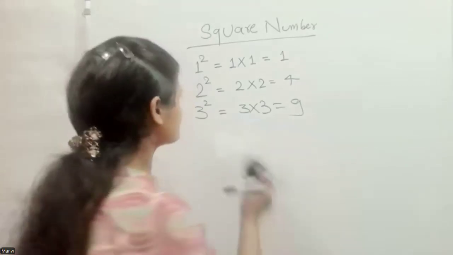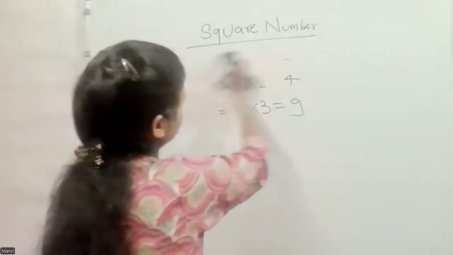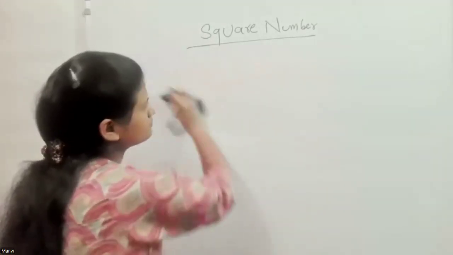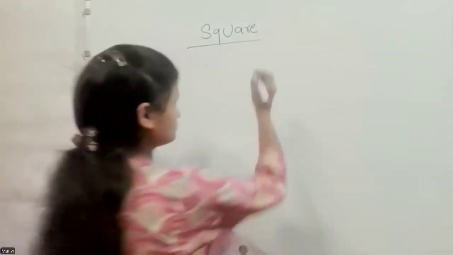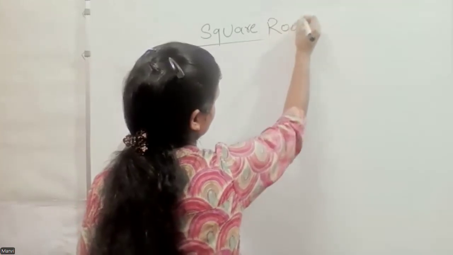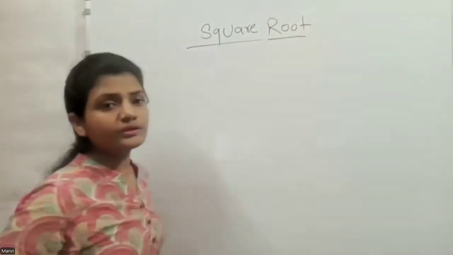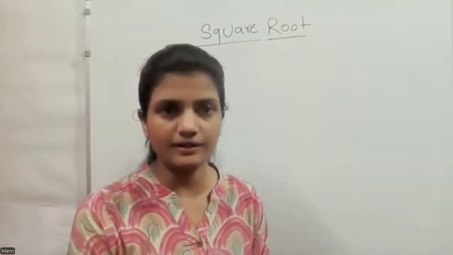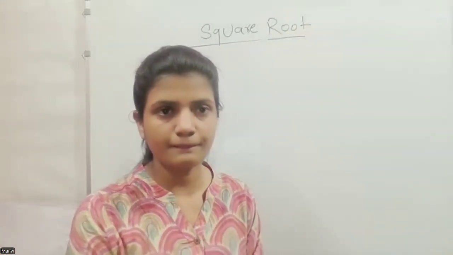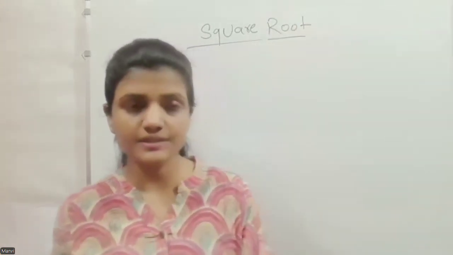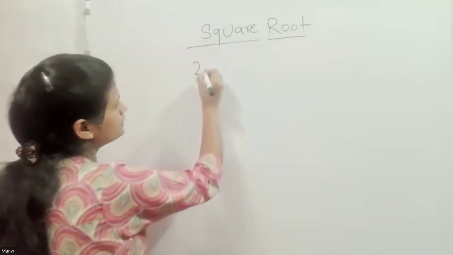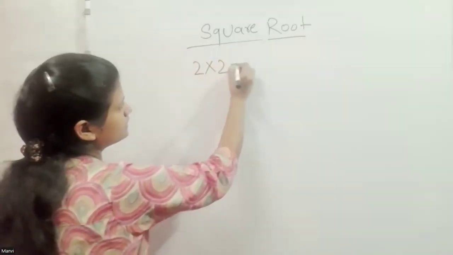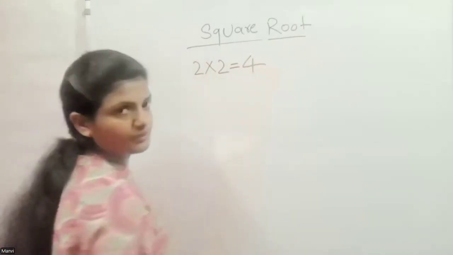Then the second thing is square root. Square root is just the opposite of those square numbers. So what is the square number? It says if we multiply a number with itself, then we get a square number, right?